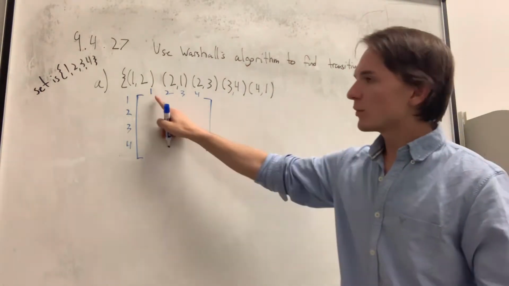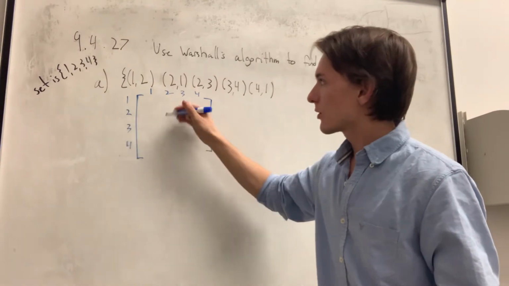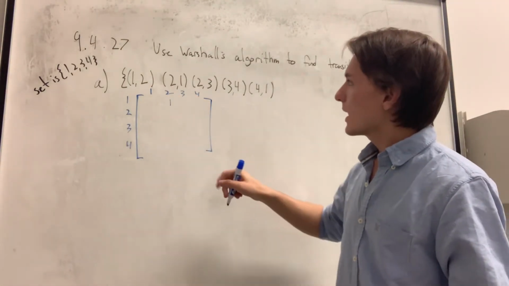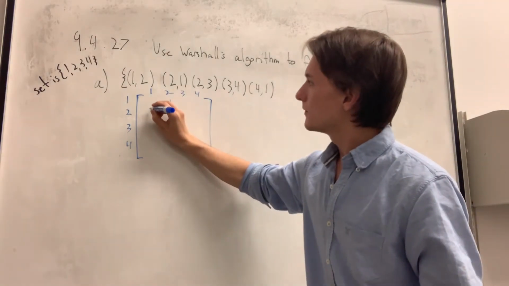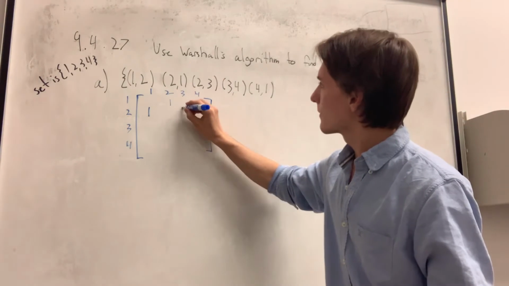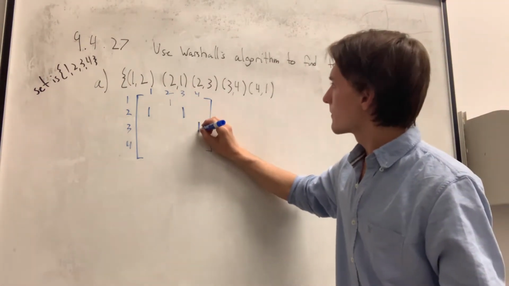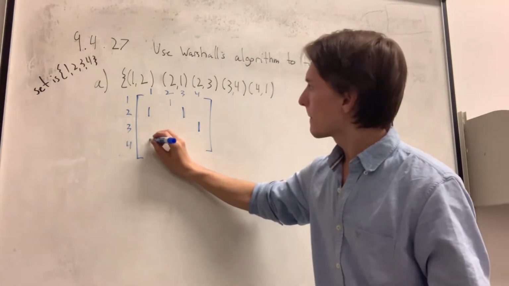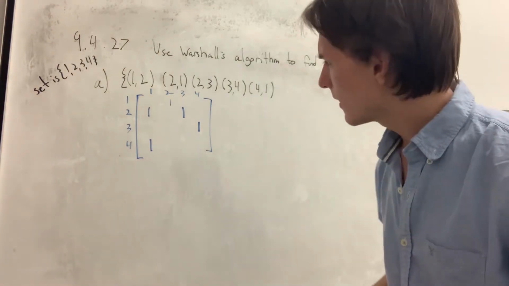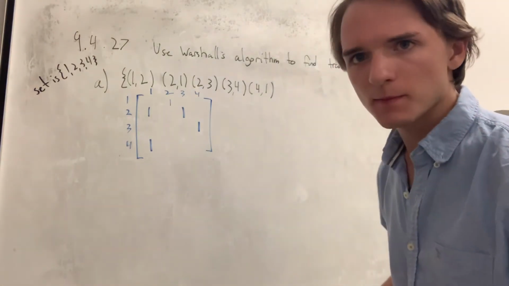We have that 1 points to 2, so down 1 across 2, and a relation exists there. We have 2, 1, so down 2 across 1, then 2, 3, 3, 4, 4, 1, and the rest are zeros because the relationship doesn't exist on those nodes.